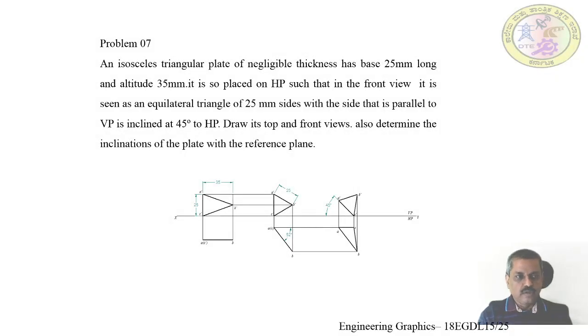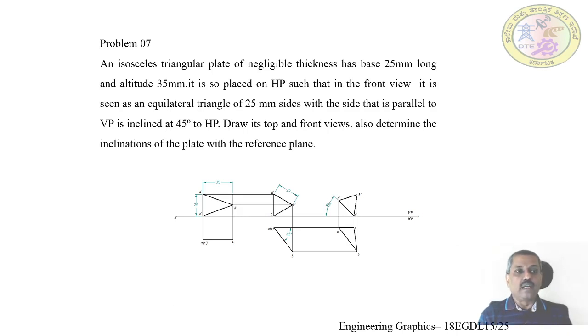Here in front of you is one of the problems from the question bank: an isosceles triangle, which is nothing but a triangular plate of negligible thickness, with base 25 mm and altitude, that is the height, 35 mm.